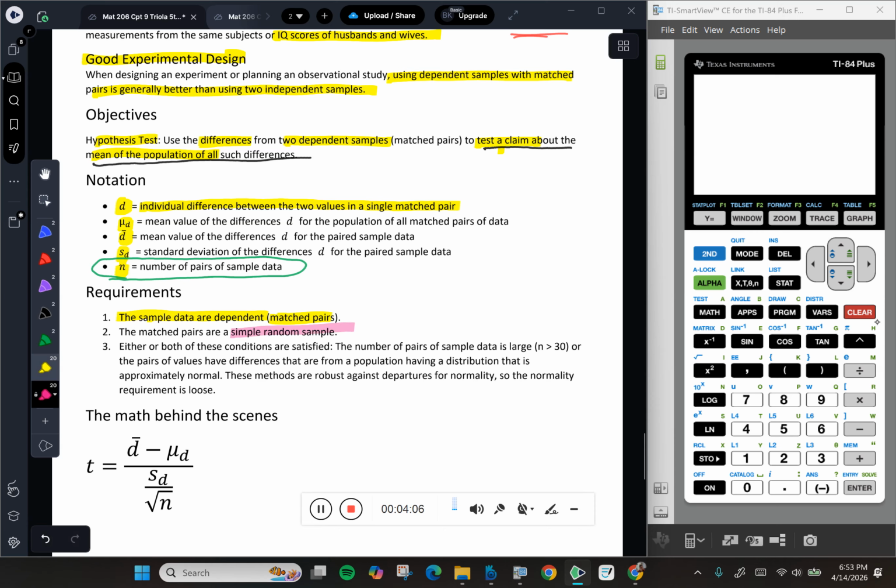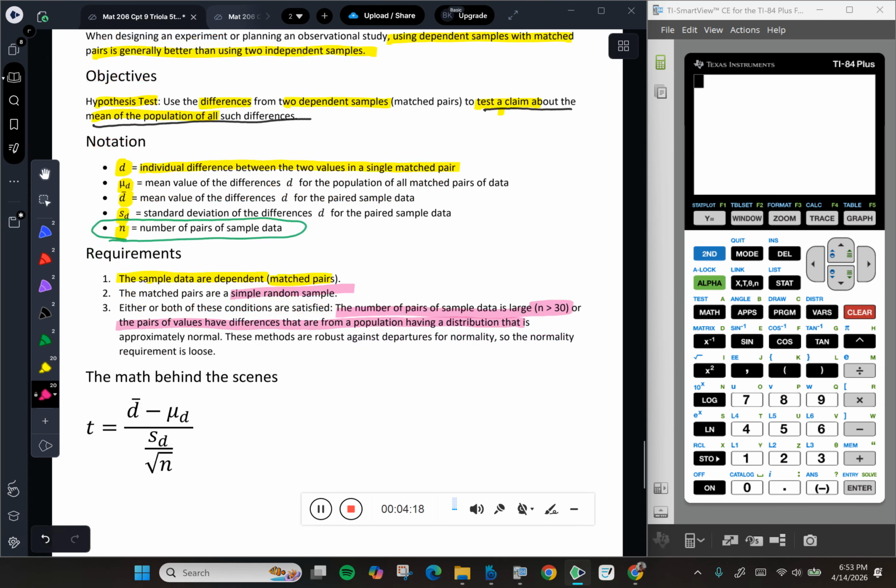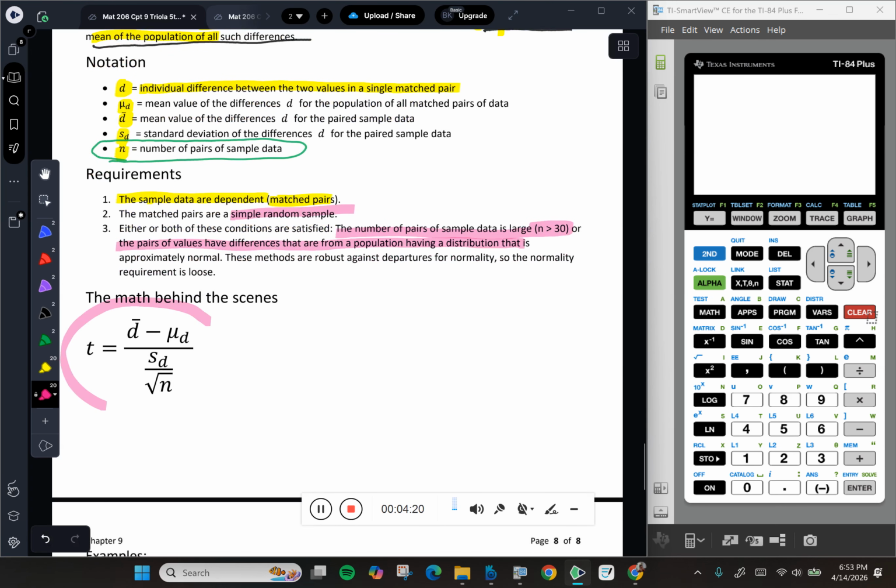And size requirements. That is, the number of pairs has to be large enough, or the pairs have to have a normal distribution. Okay. The math behind the scenes is this business. These are always going to be sample standard deviation problems, so they're always going to be at their core a t-test. Right?